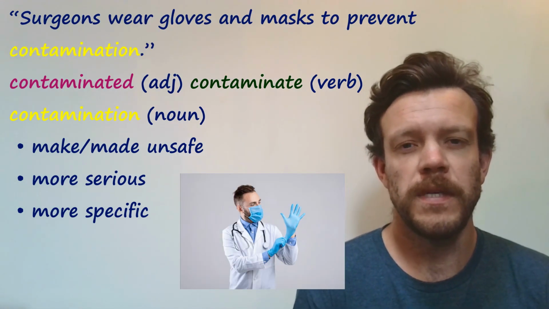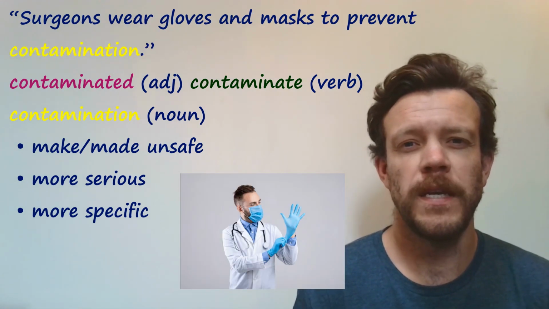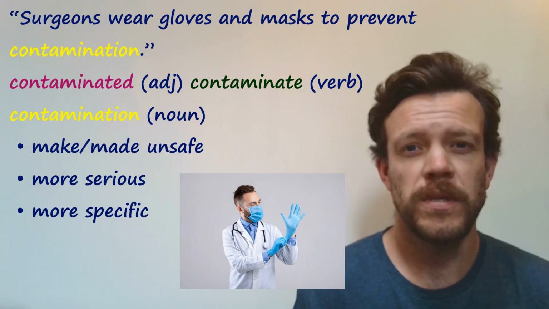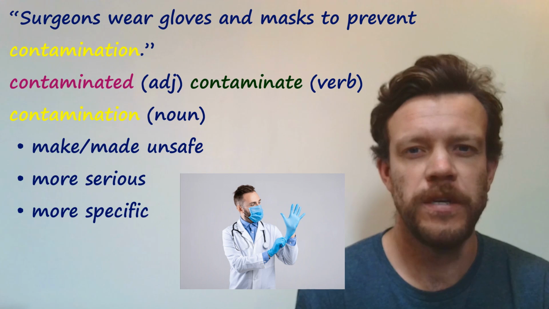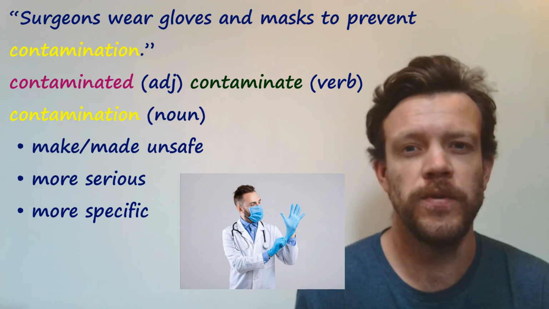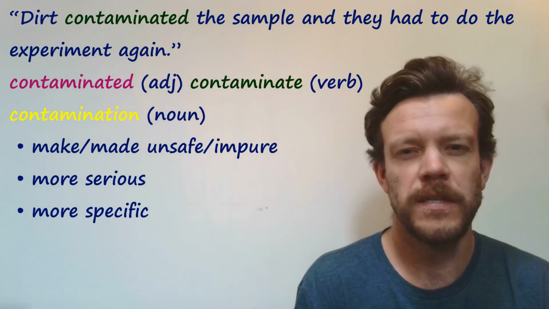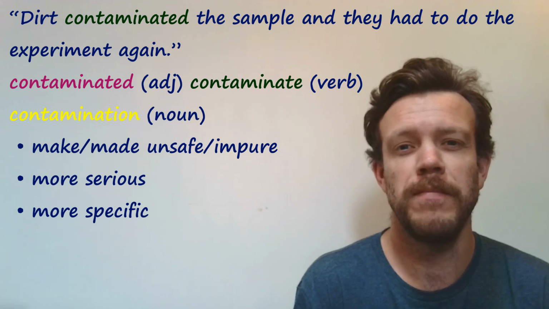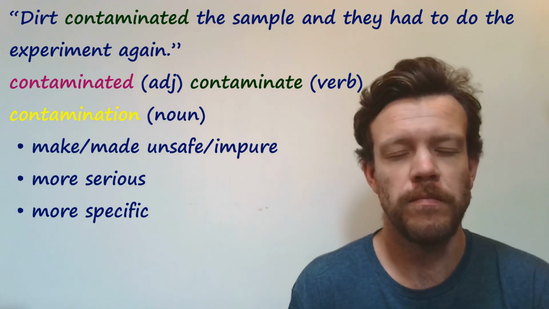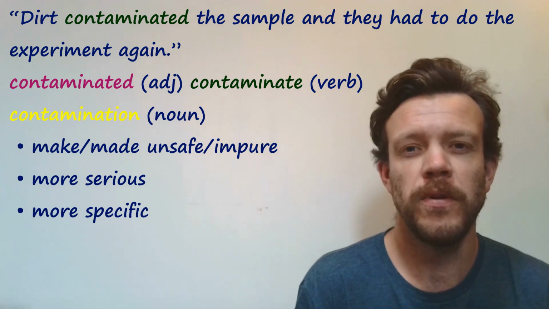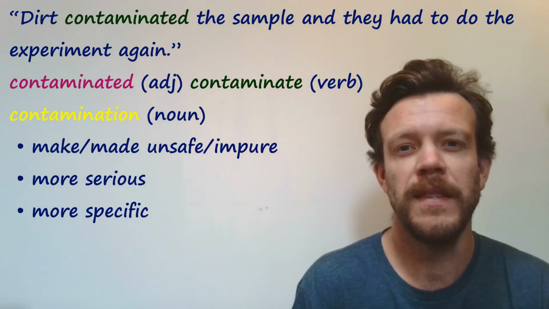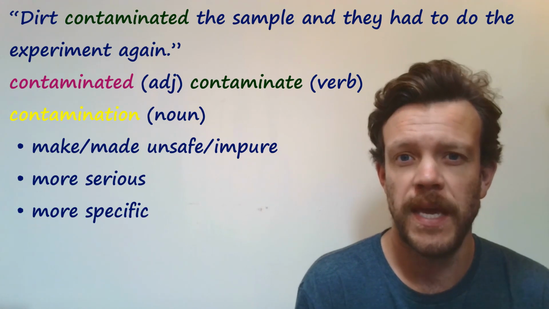We also use this in more scientific or technical contexts. So surgeons wear gloves and a mask to prevent contamination of things like surgical tools. And in this context, we also use it to mean made impure rather than unsafe. So for example, the sample became contaminated and they had to do the experiment again.